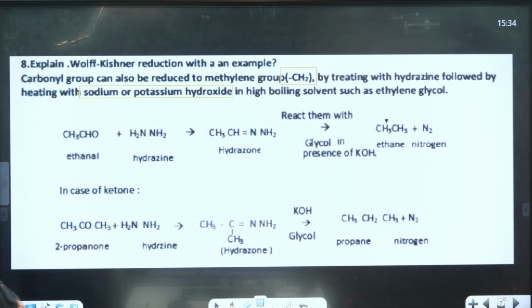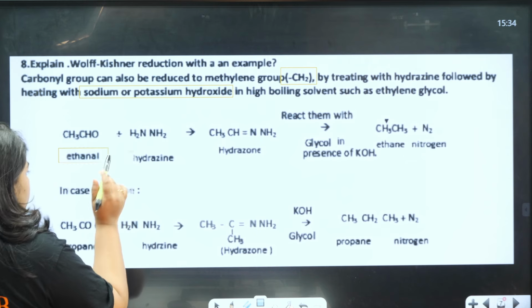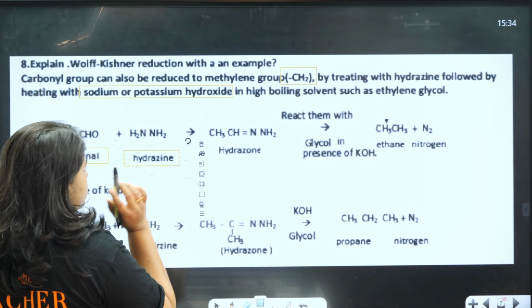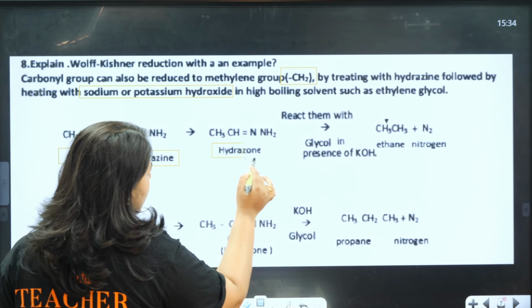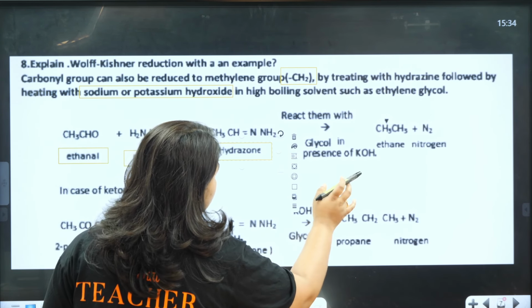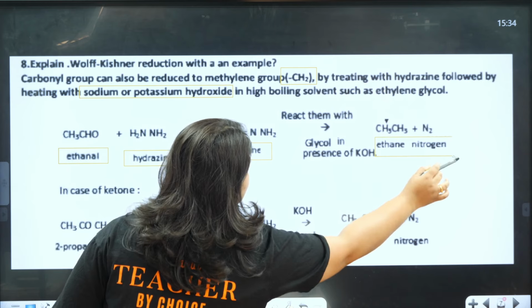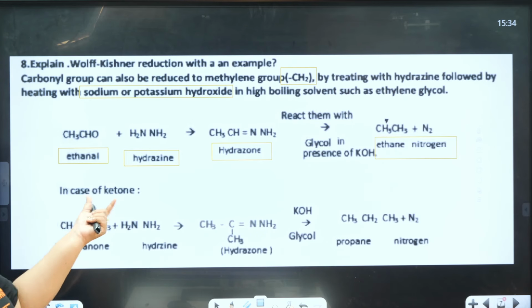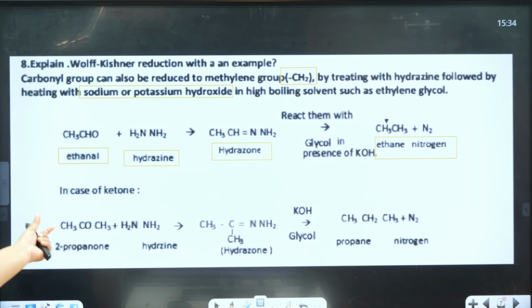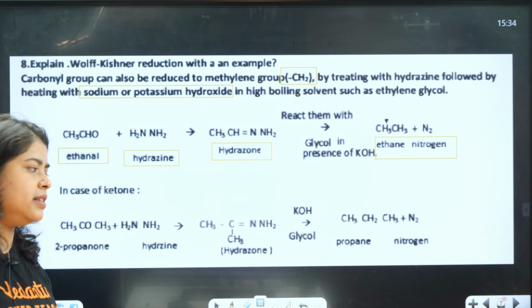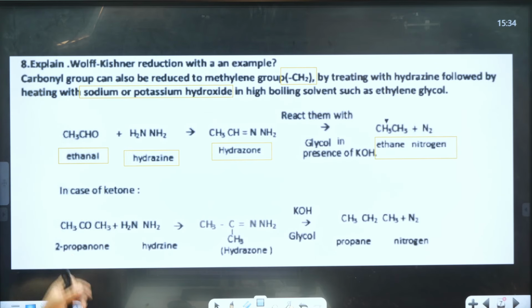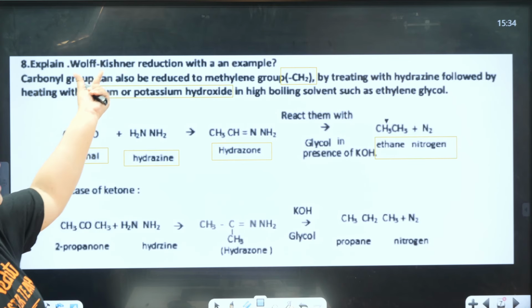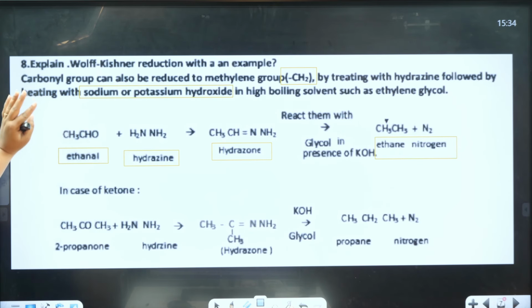So you can just take ethanal, acetaldehyde. We reacted it with hydrazine, what are we going to get? Hydrazone, and in the presence of KOH we get ethane plus nitrogen. Similarly, in case it is a ketone, this is how the reaction is going to form when it is treated with the, so whenever it is getting treated with the what?